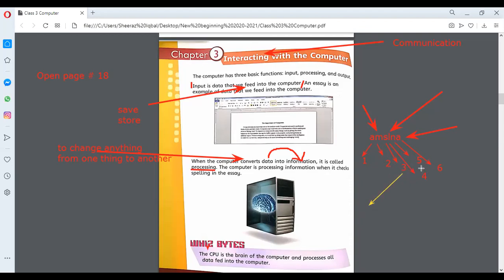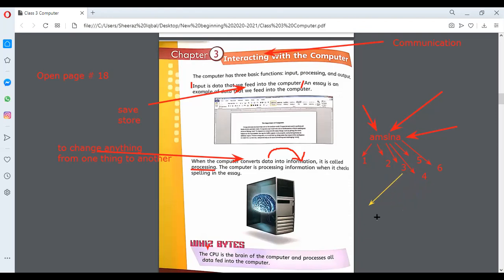Then we put the 5 at the second, and then we put the 4 at the third, and then 2 at the fourth. Then we put 1 at the fifth. Sorry, one mistake is done. Let me begin again from here.